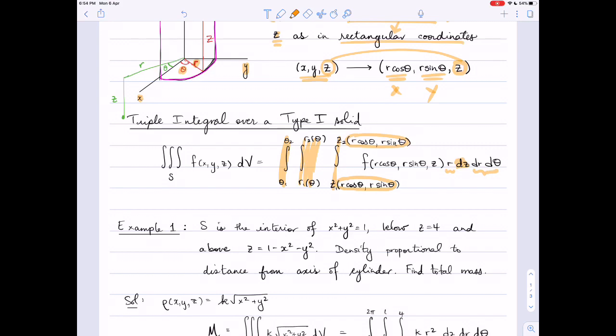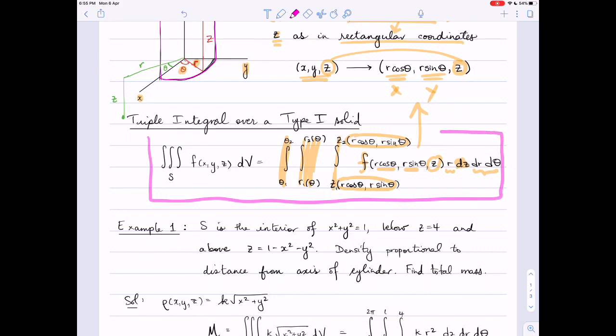And the function of integration f has had the x and the y converted, just like up above, while the z remains in rectangular. So in cylindrical coordinates, the integral of some function f of x, y, z over a solid shape S dv is given by what's in the box here in pink.